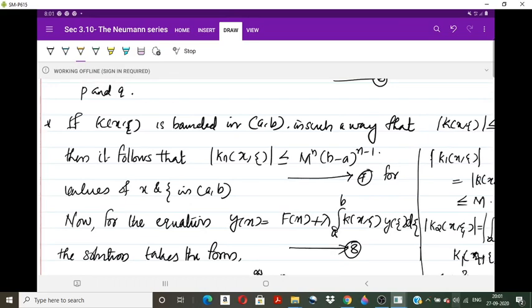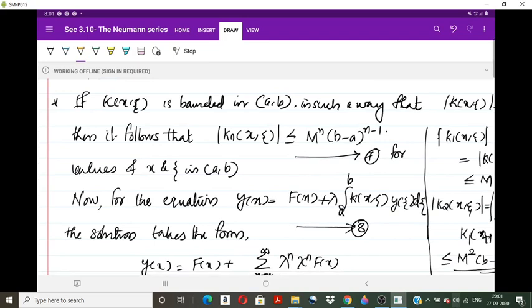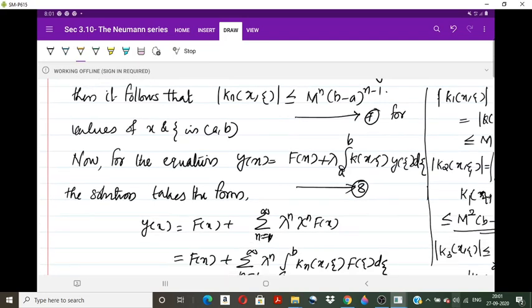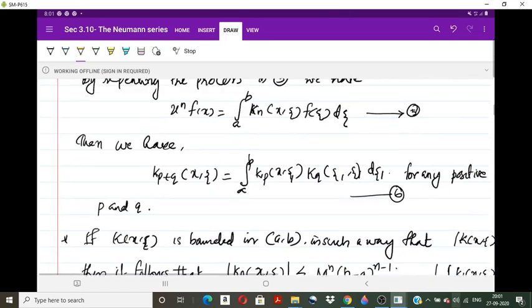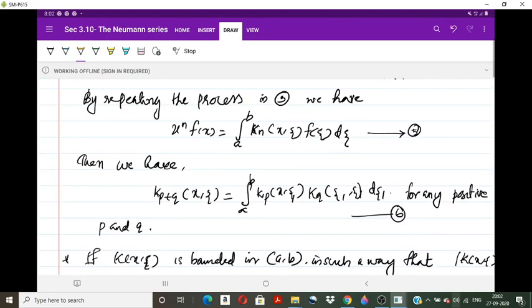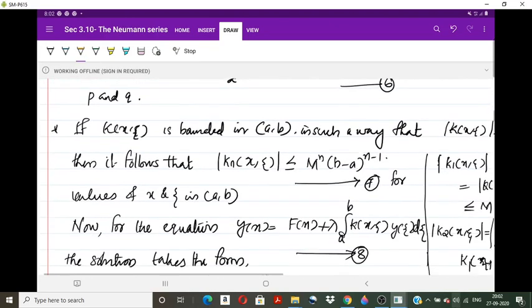Now, for the equation of the form equation number 8, the integral equation y of x equal to f of x plus lambda integral a to b k of x theta y theta d theta, by the iterative methods we have formed the solution in the form y of x equal to f of x plus summation n equal to 1 to infinity lambda raised to n kappa n of f of x, where kappa n of f of x we have formulated as integral a to b kn of x theta f theta d theta.